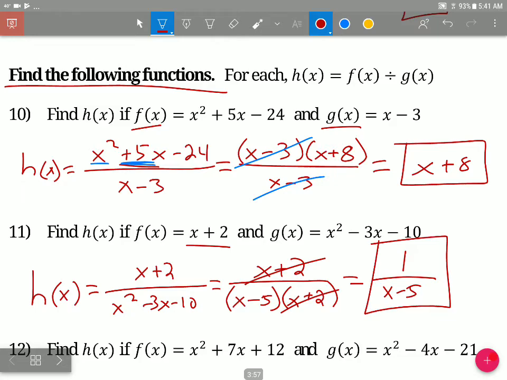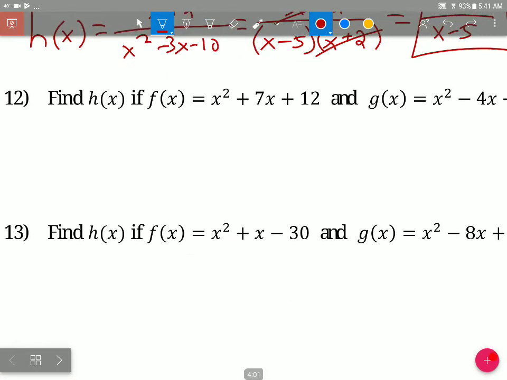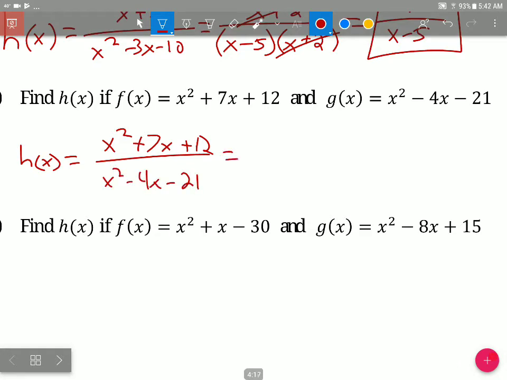All right, last two. So h of x equals x squared plus 7x plus 12 divided by x squared minus 4x minus 21, and start factoring. Two things that multiply to the left are x and x. Actually, for both of them, it's x and x.